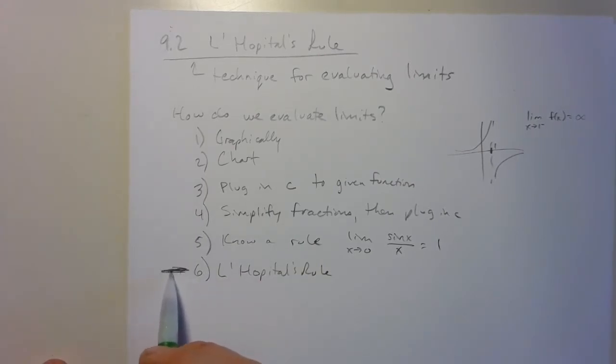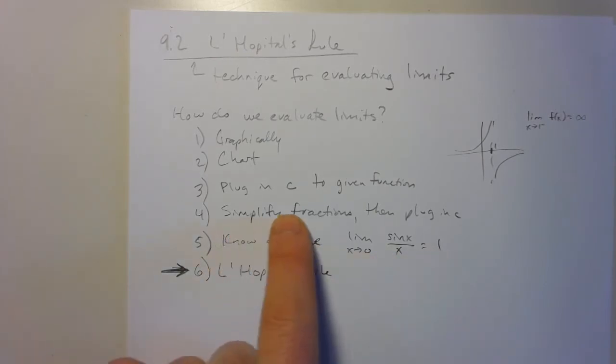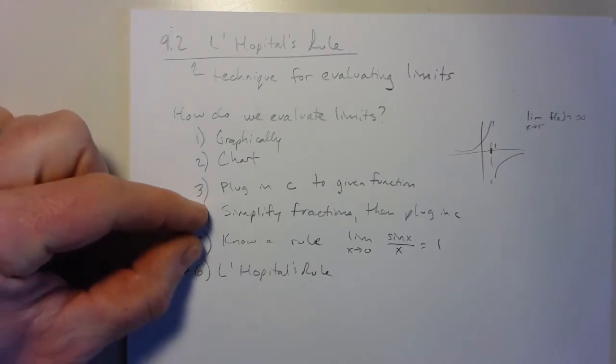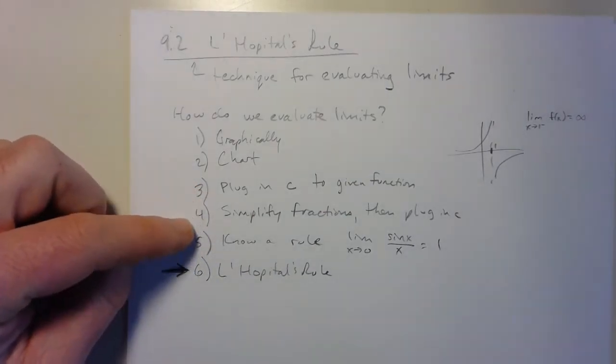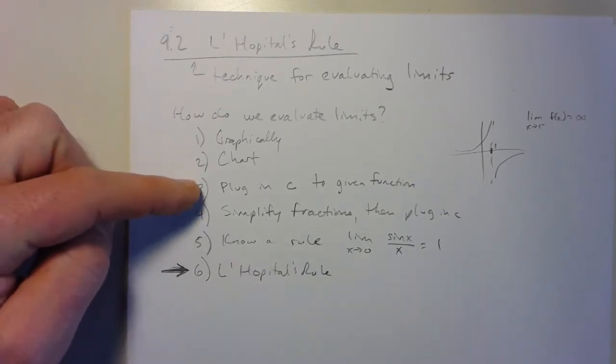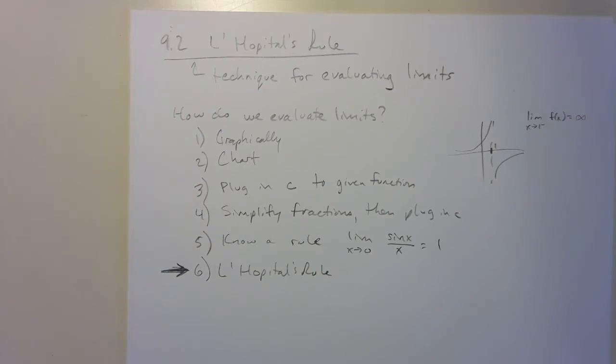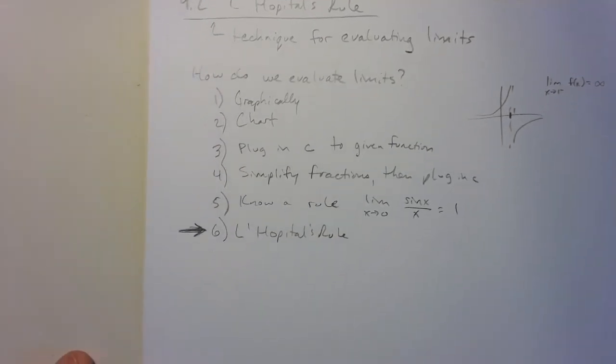If you know L'Hopital's rule, you don't need to know this, and you can a lot of times avoid simplifying the fraction. So it's going to really replace these two, and it's going to make it a lot easier. Once you know this rule, you're going to plug in c to get the function. If that doesn't work, you're going to use L'Hopital's rule. This is going to be like a miracle worker here.